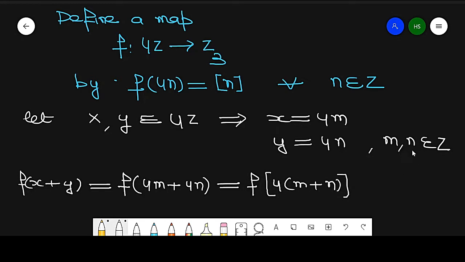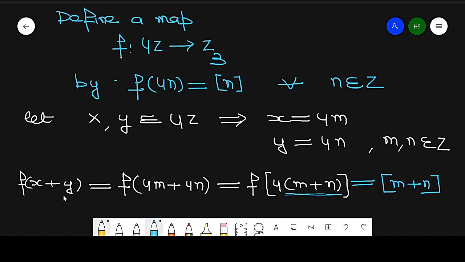If m is an integer and n is an integer, then m plus n is also an integer. So remember that. If this value is also an integer, then the total number is a multiple of 4. By using this definition, this can be written as the residue class of m plus n.